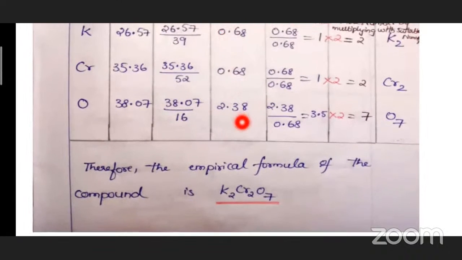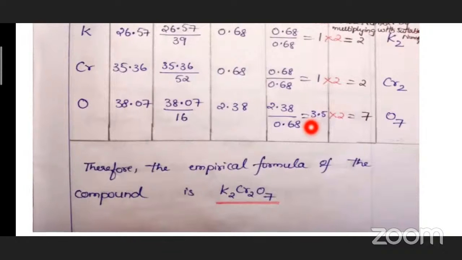Among these three elements, which is the smallest number? 0.68. Whatever number of moles we get, we have to divide it by the smallest number. So 0.68 by 0.68 gives 1. Again here also we get 1. 2.38 divided by 0.68 gives 3.5.